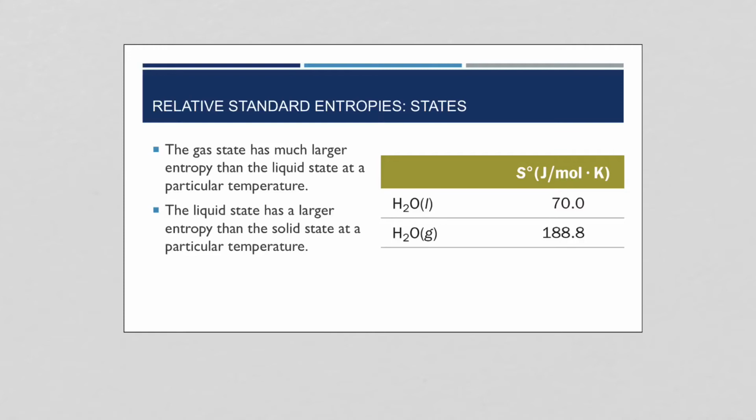And so we can clearly see that from this simple example with water, where we see that the entropy of the gas is much larger than the entropy of the liquid. So the liquid state has a larger entropy than the solid. Now I didn't list the solid here. And the gas, of course, will have a larger entropy than either the liquid or the solid at a given temperature. So state of matter is one factor.